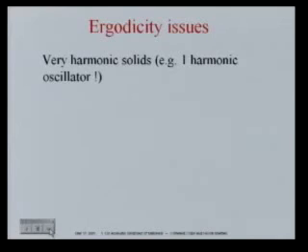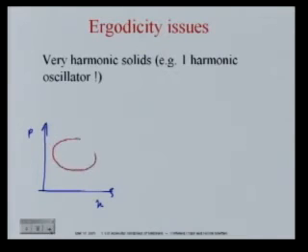And so what are the trajectories in a harmonic oscillator? Well, they look something like this. If you go back to a one-dimensional position and momentum representation, a pendulum does this over and over again.